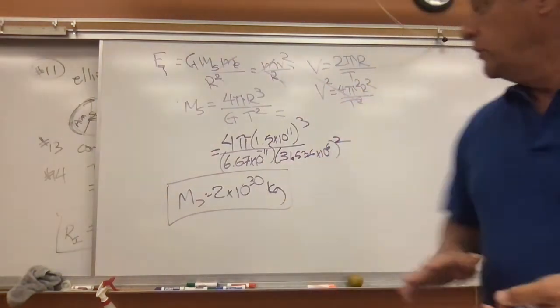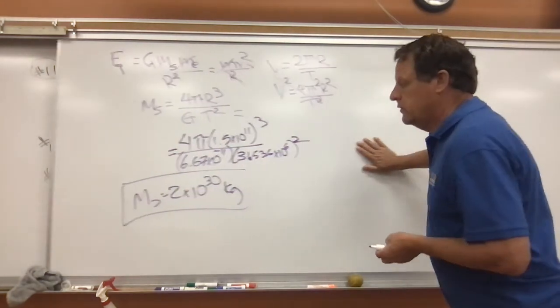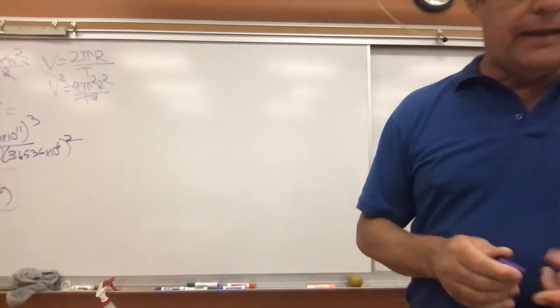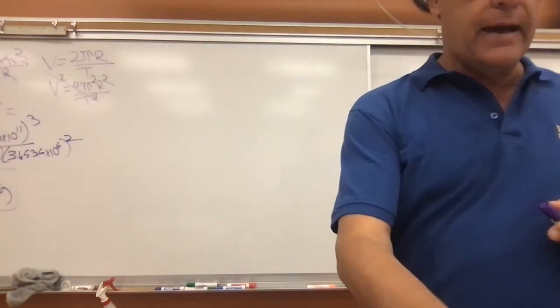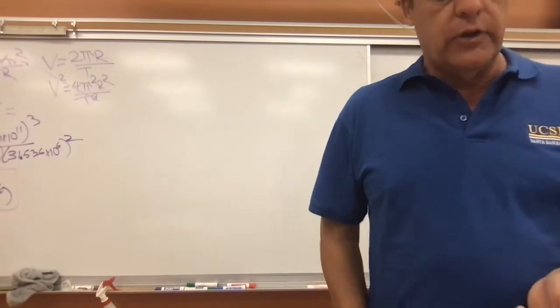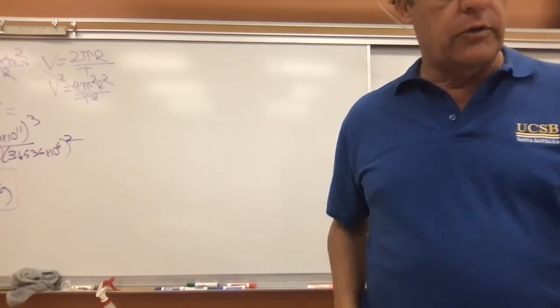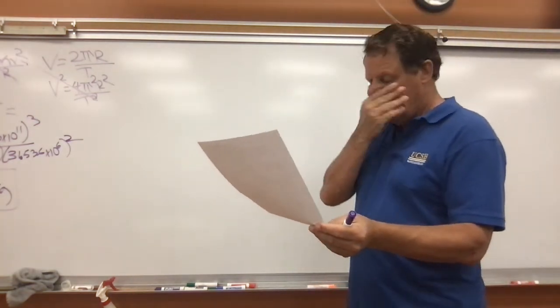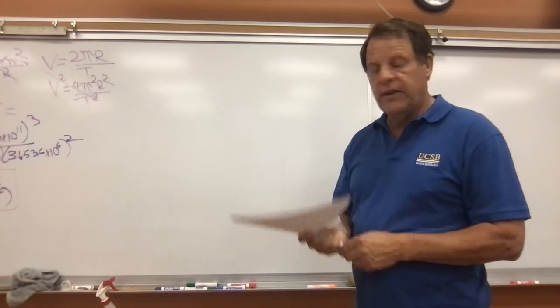For the most part, the rest of our questions deal with a satellite that has a mass of 200 kilograms and is orbiting at an altitude of 3,600 kilometers above the Earth. What is the gravitational potential energy of that satellite with respect to infinity?